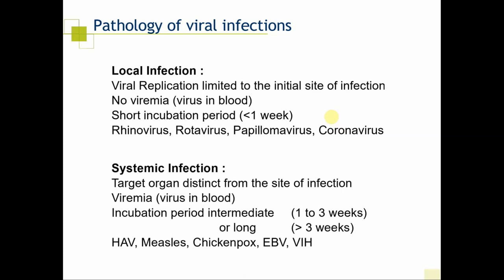So other viruses cause a systemic infection. That means that the target organ, the organ that's going to be damaged that gives you symptoms, is not the same as the initial site of infection. And so to get from one place to the other, the virus has got to go through the blood system at some point. So you always have a viremic phase in a systemic infection. These infections tend to have a longer incubation period. After you're infected, it takes longer for symptoms to appear.